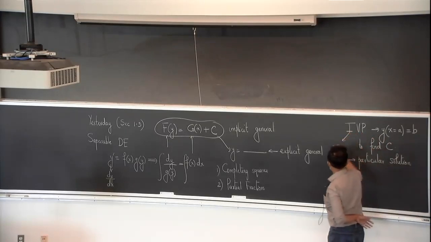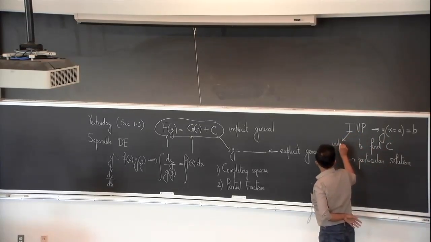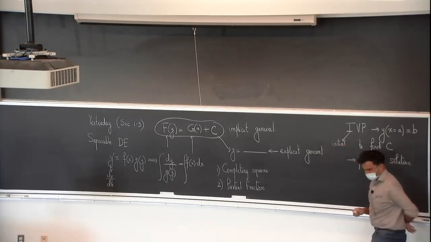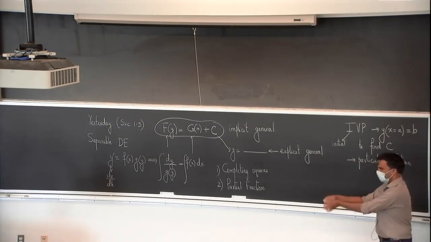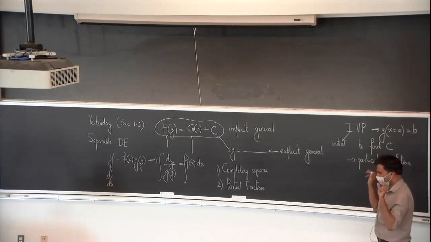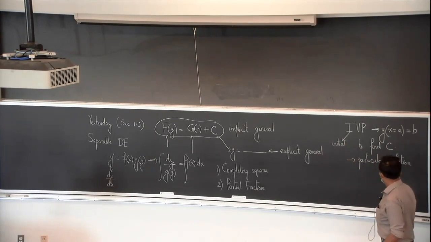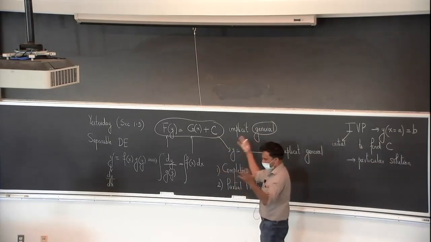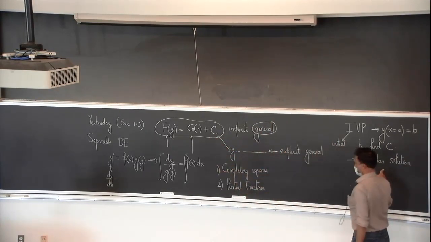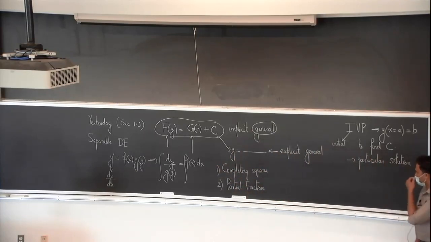This I is for initial. It doesn't have to be always starting at t equal to 0 or x equal to 0. It could be some arbitrary point of time or space where you're starting your problem. That is your initial value there. And that will help you get a solution which is more unique, because with the constant c, there are infinitely many answers. This is unique. So that is where we stopped yesterday.